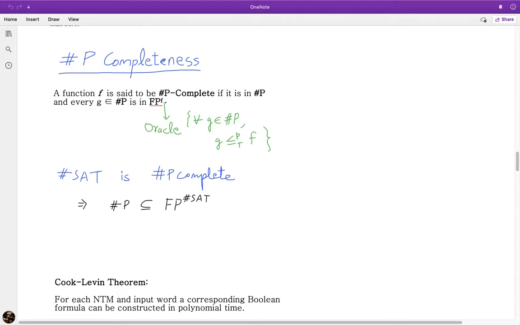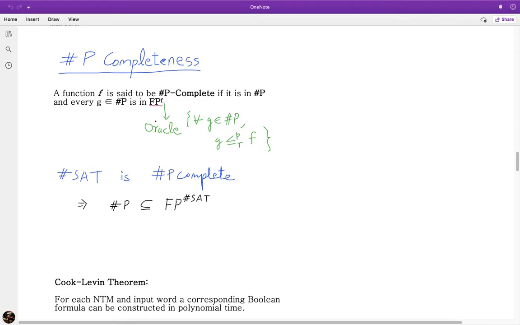Let's say we have an oracle which computes f, then we can apply a function problem. Sorry, we are not concerned with polynomial time here, we are just concerned with mapping a string to a string.